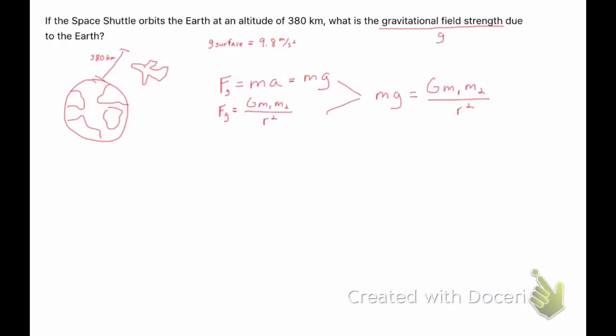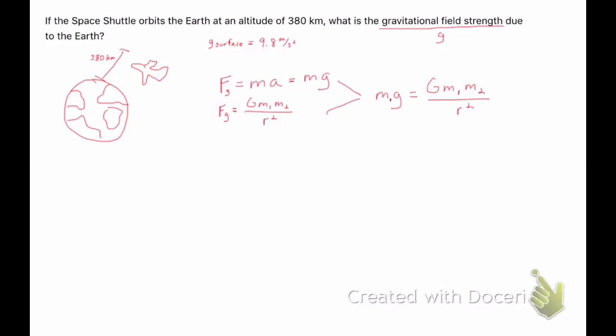Now when we look at this equation, we see m1 and m2 on the right hand side, and we have this m on the left hand side. What is that m on the left hand side? Well, the two m's are for the two masses that we're trying to find the attraction for. So we could really say m1 times g is equal to the gravitational constant times the two masses over their distance squared. So when we see that, we can do some algebra.